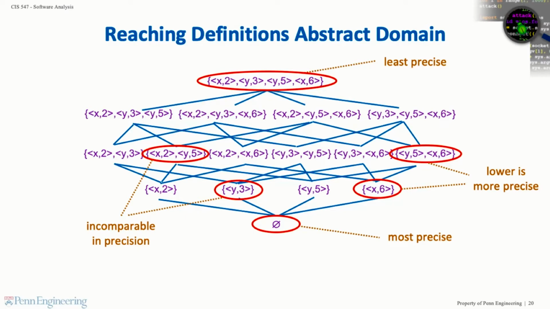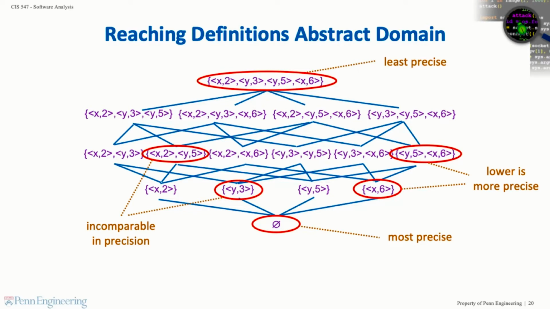At the start of the chaotic iteration algorithm, the in and out sets of each node in the control flow graph start out with the bottom abstract value, the empty set of definitions. In each iteration, these sets grow progressively along the edges in this structure. The most that any in or out set can grow is the top abstract value, the set of all definitions.